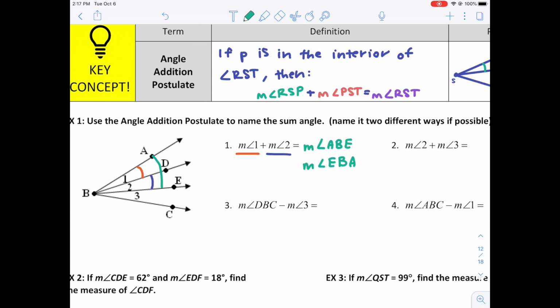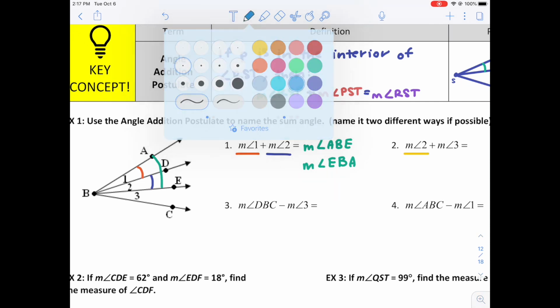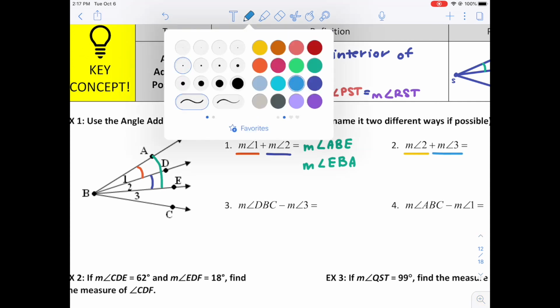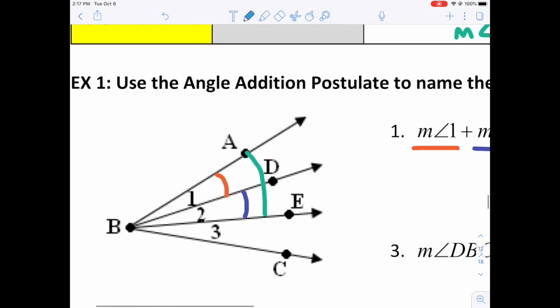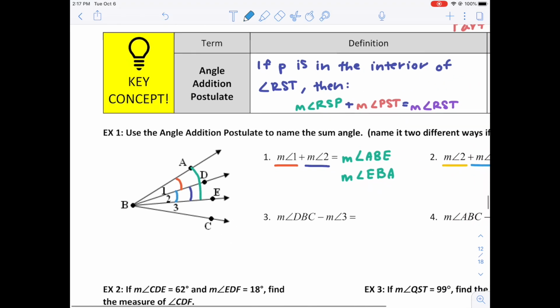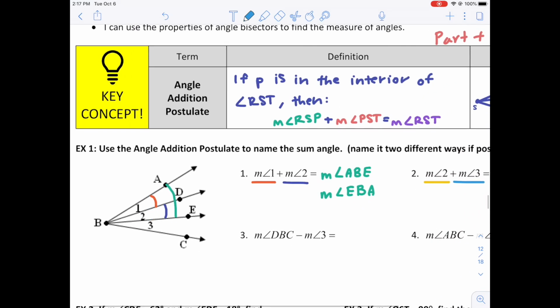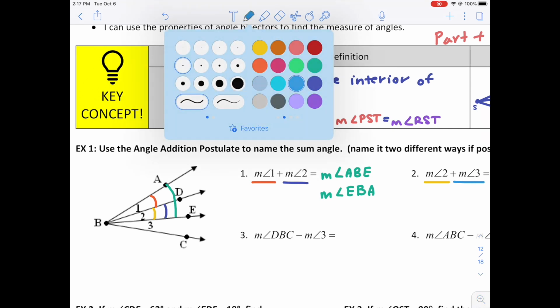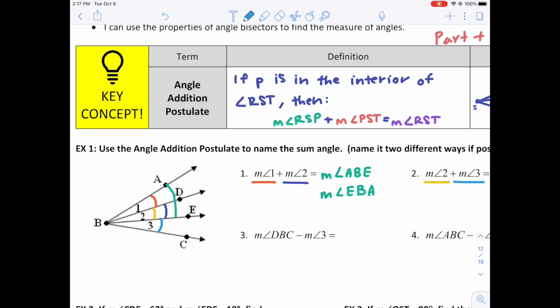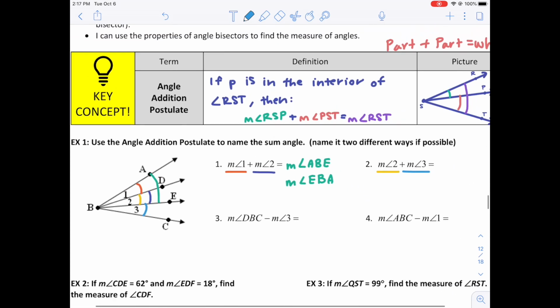Okay, now we can look at the next example, measure of angle 2 and measure of angle 3. So I want to look at measure of angle 2 on my graph. That's going to be the same angle 2 we used before. Oops, sorry, I said I'd put it in yellow though. Here we go, so it's in yellow now. And then the measure of angle 3 I'm going to do in that kind of baby blue color. So I need the angle that is the combination of those two.